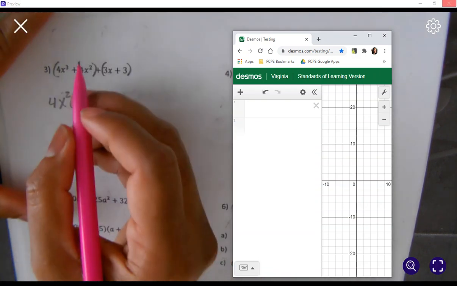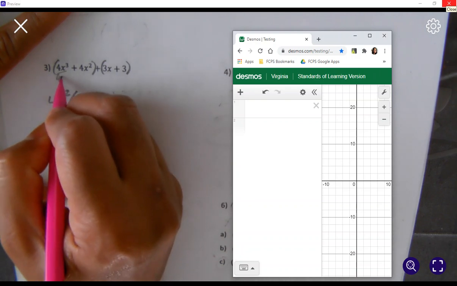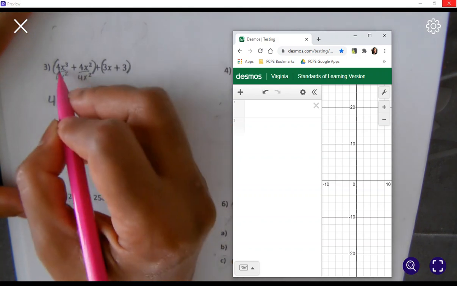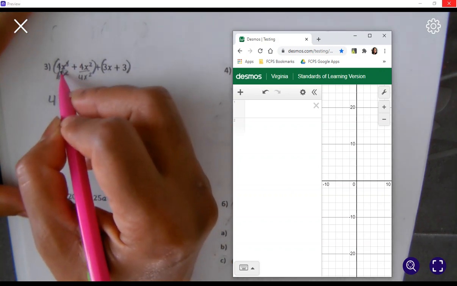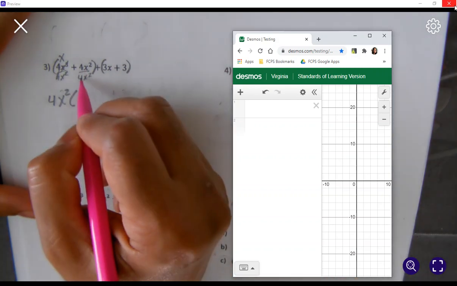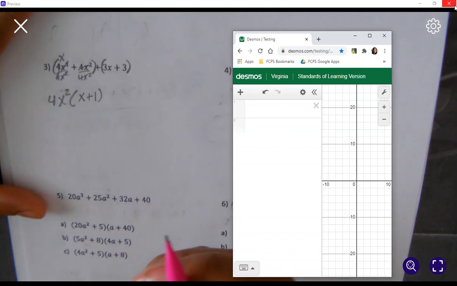So when I'm factoring out, I'm dividing it out. So 4x squared, 4x squared. So that's an x, just an x left over. And then 4x squared divided by 4x squared, that is a 1.